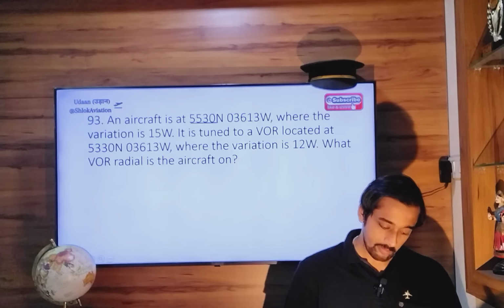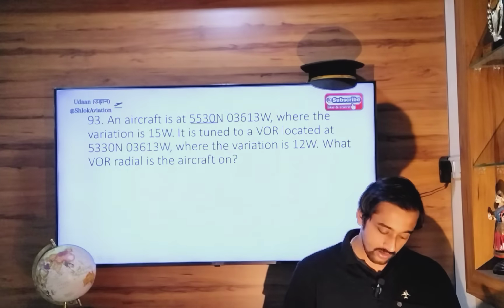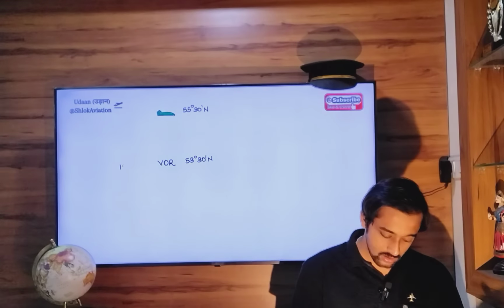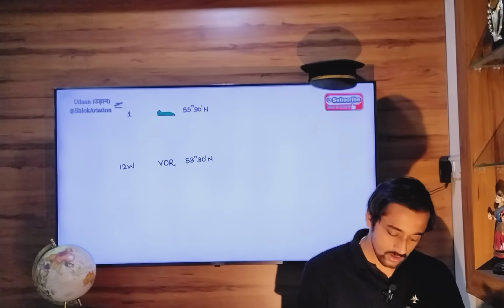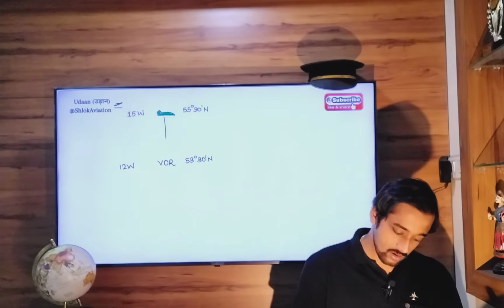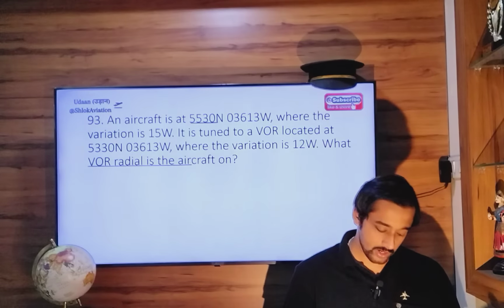Variation at VOR is 12 west. Variation at aircraft is 15 west. We have to find out VOR radial that aircraft is situated on.